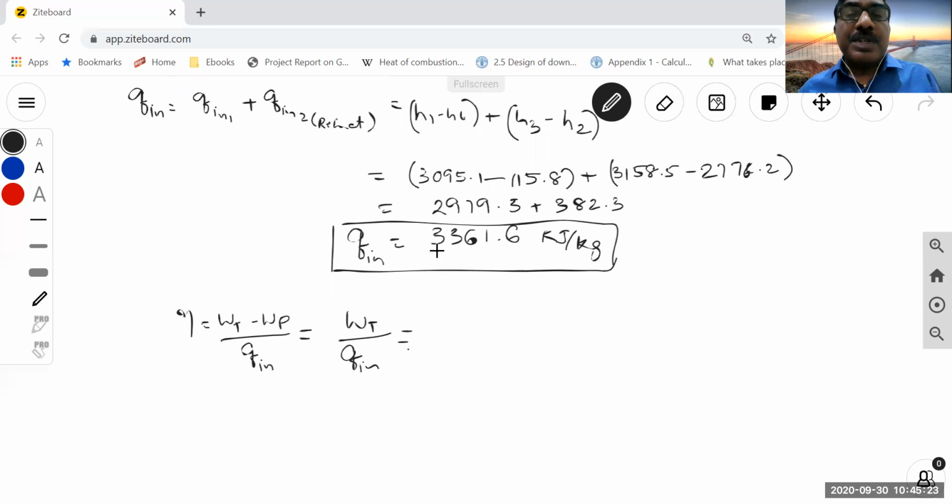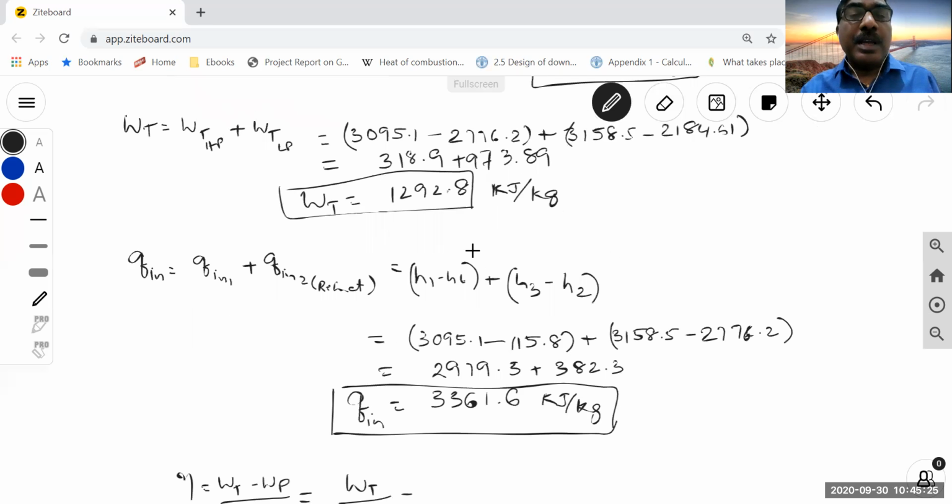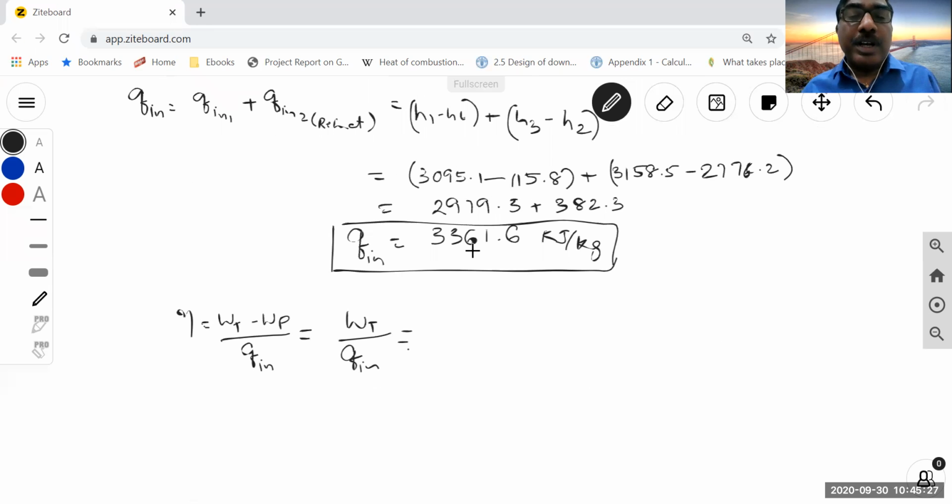So what is the efficiency here? WT is 1292.8 divided by 3361.6.